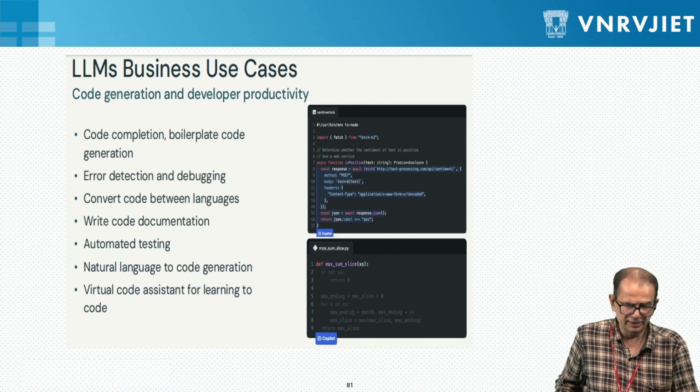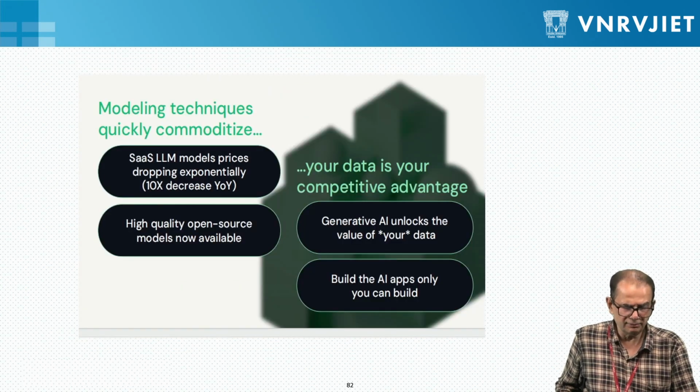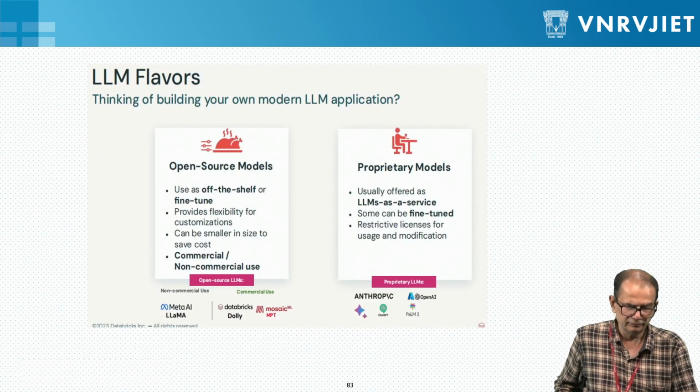Some other use cases of LLMs: they can generate code for us, detect errors, and convert code between languages. So all this can be done by the LLM. We have an advantage when using the LLM here, and they come in different flavors.